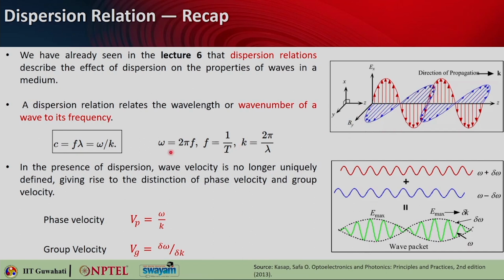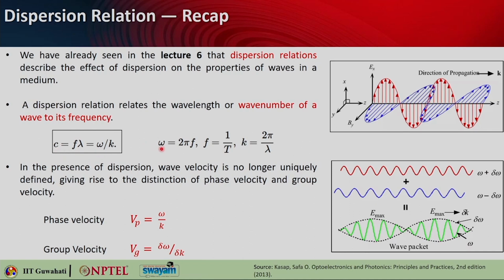We have seen that the dispersion relation is basically the relationship between omega and k. So, we know that omega equals c k, or you can write c equals omega by k. You can also write c equals f lambda. These are a few handy equations you must always remember.